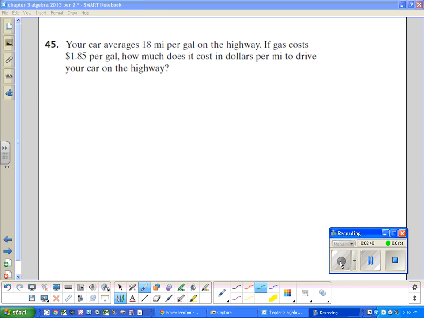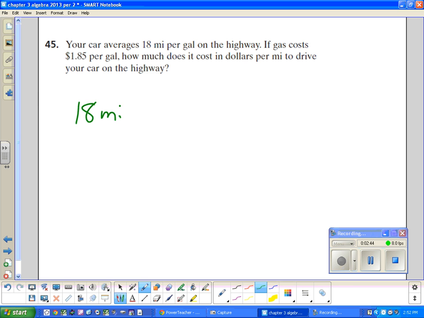Word problem 45. Your car averages 18 miles per, is a division bar, 1 gallon of gas on the highway. If it costs $1.85 per gallon, how much does it cost in dollars per mile to drive your car on the highway?